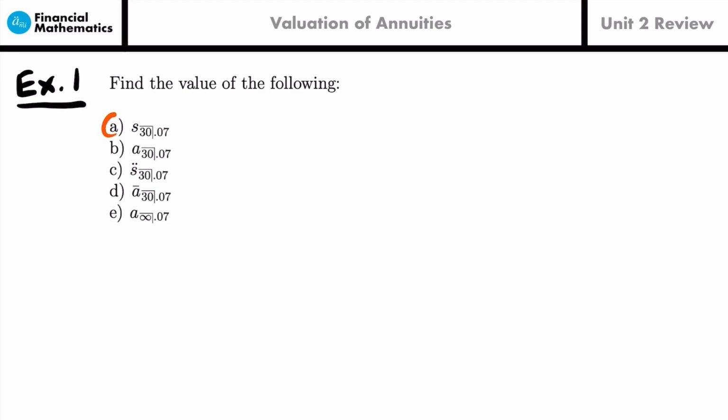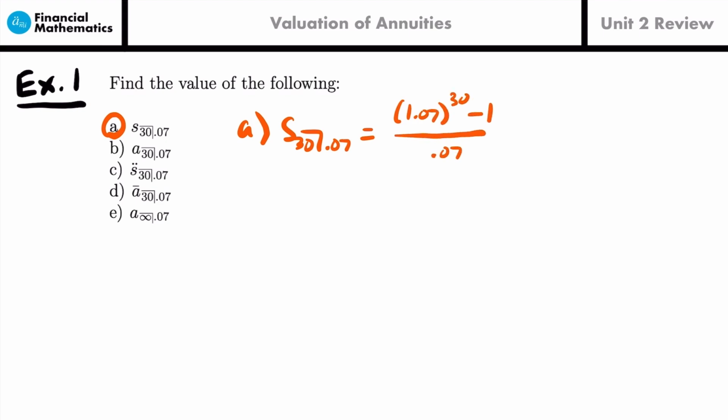Okay, but let's start with part A. Let's calculate the value of this annuity. We're calculating the future value of an annuity immediate with 30 payments and a 7% interest rate. Now, there's nothing being multiplied by any of these notations, so what that means is that the amount of every payment is $1. Okay, so just keep that in mind. But for part A, s angle 30 at 0.07 will be equal to 1.07 to the power of 30 minus 1 divided by 0.07, right?